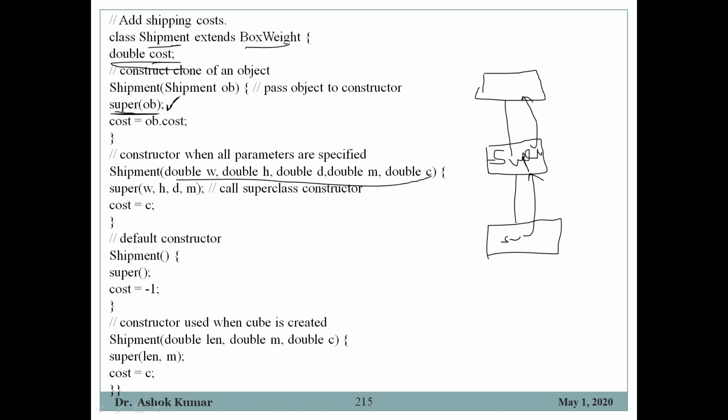The very first line, as we discussed earlier, in a subclass constructor will be a call to the superclass constructor. So we are calling from here the superclass constructor with 4 parameters: w, h, d, m. Which constructor will be called?